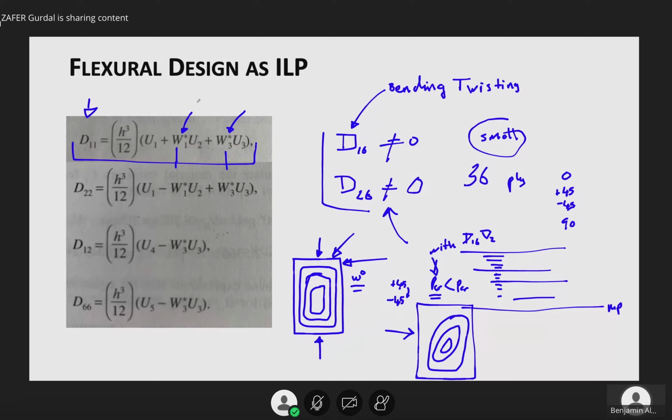In the stiffness design case, we lumped the distinct orientations together, and we introduced ply count variables as integer variables. In this case, we will introduce stacking sequence variables, which actually there will be more than one design variable per ply.